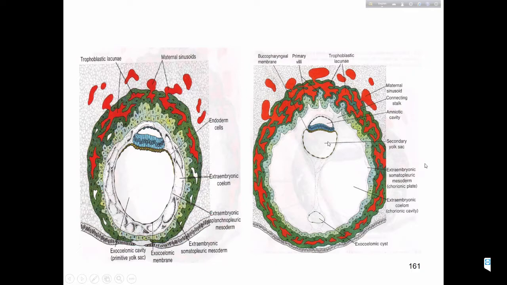We call it the secondary yolk sac cavity. This is important because later in life our gut tube, the alimentary canal or the GI tract, whatever you say, will be formed from this secondary yolk sac lined by endoderm.